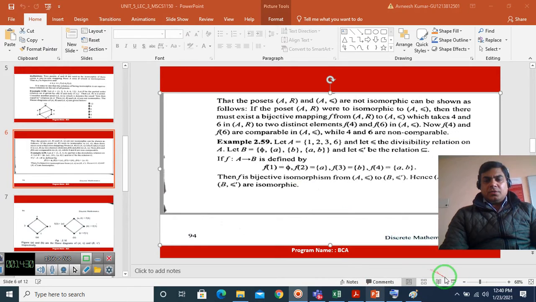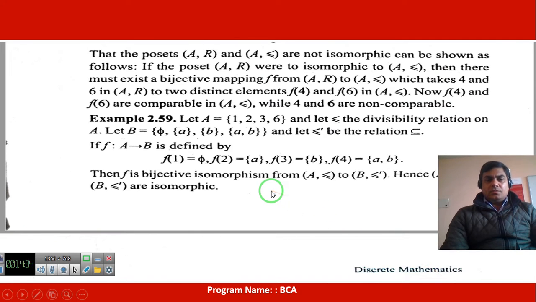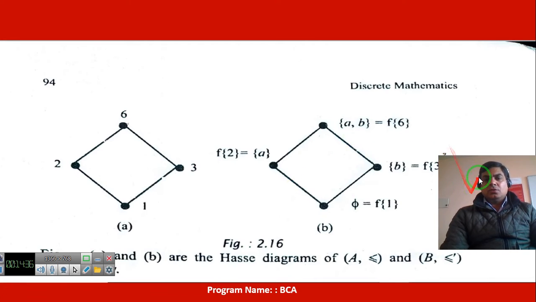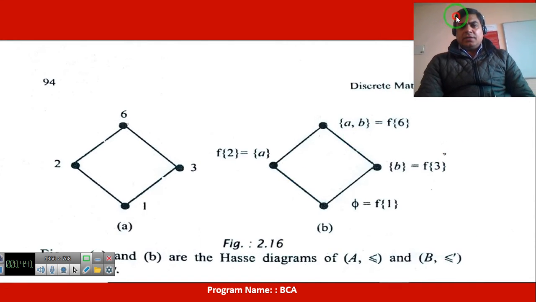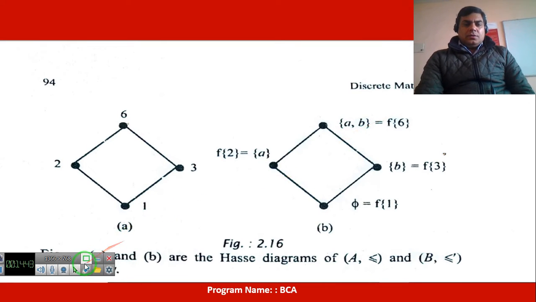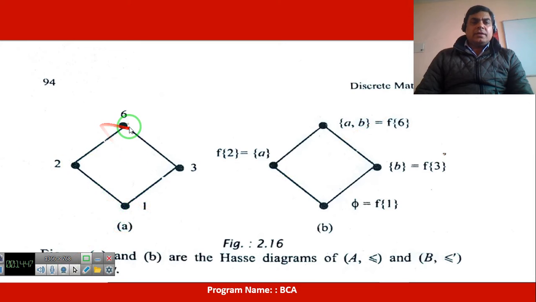Okay, now I will explain, so you get a crystal clear idea about that. Now we are making the Hasse diagram of 1, 2 and 3 dividing 6. So now phi, A, B and AB.